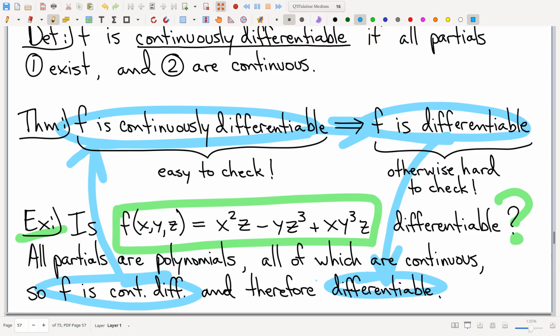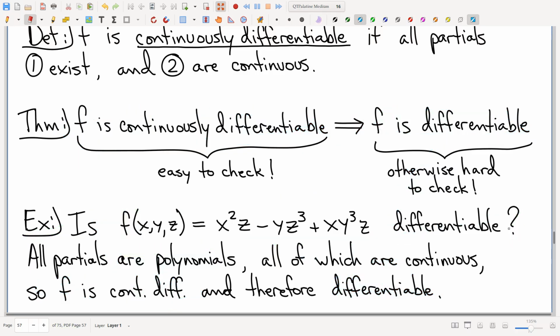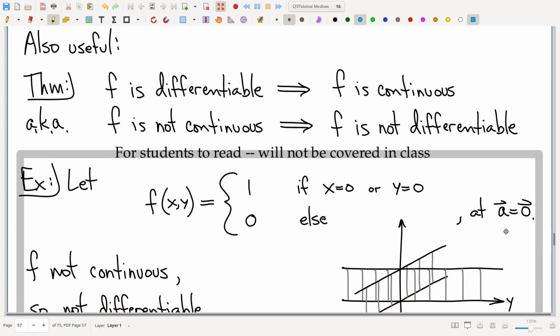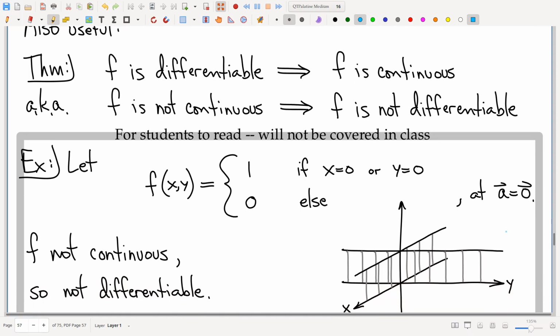Okay, so that's how, in practice, most of the time, you're going to confirm a function is differentiable. You're going to confirm even more than that. You're going to confirm that it's continuously differentiable because it's easier. So take the partials. Note that they exist. Note that they're continuous. Game over. Okay. All right. Another little, again, this is a digression. It's not really what this course is about, but, oh, yeah, sorry, go ahead.